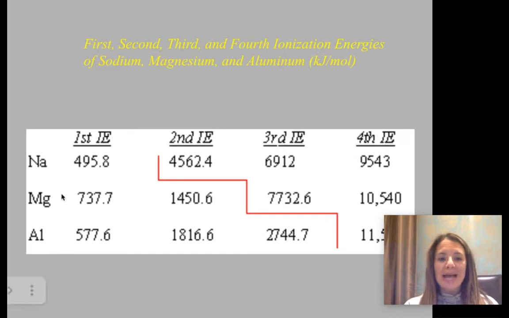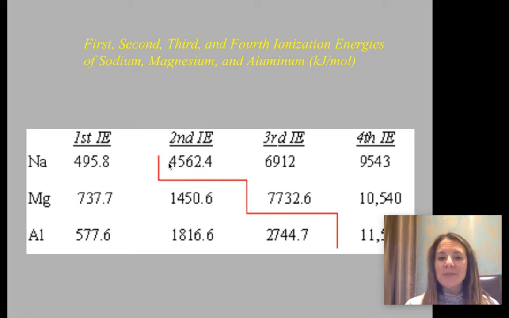When we are looking at the ionization energies for sodium, here's the amount to remove the first one, here's the amount to remove the second one, and so forth. You're going to notice that there's a huge jump to remove the second electron from sodium, and that's because now you are trying to remove a second electron from a full outer shell.